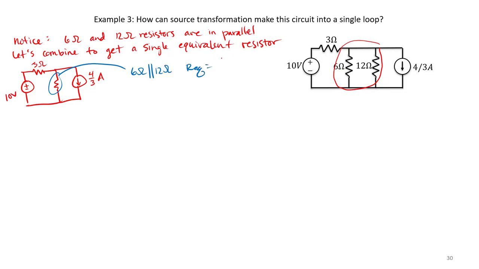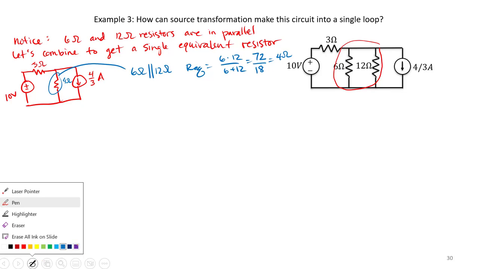And remember, that's simply 6 times 12 over 6 plus 12 ohms. If we use our shortcut, that's 72 divided by 18. That gives us a resistance of 4 ohms. Okay, so now there's just one resistor in that portion of the circuit.